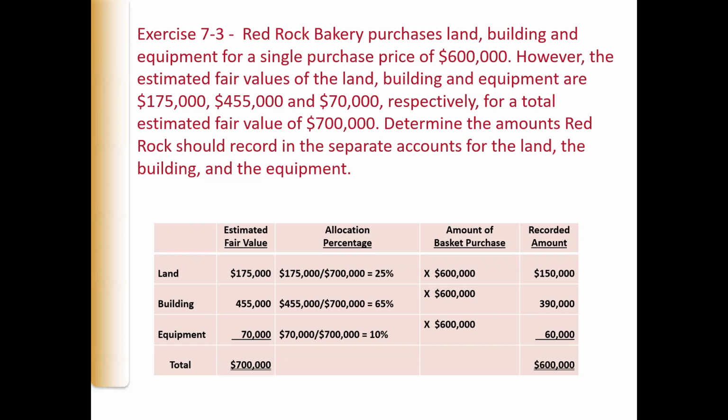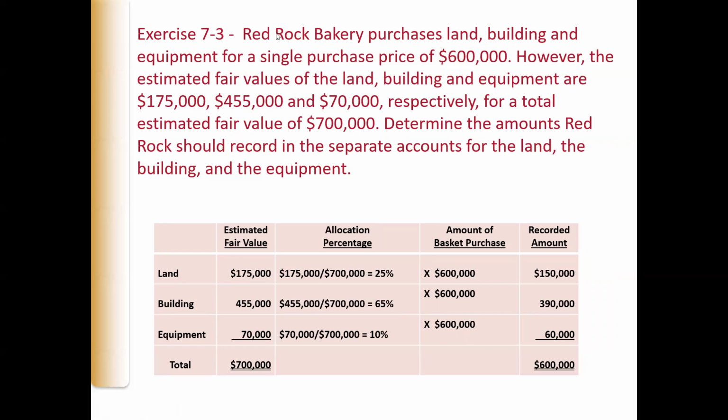Determine the amounts Red Rock should record in the separate accounts for the land, the building, and the equipment. So do you see here for the land, if the value at fair value is 175 out of 700,000, because you add them together, you come up with a percent here. 25% of the purchase price will be allocated to the land.